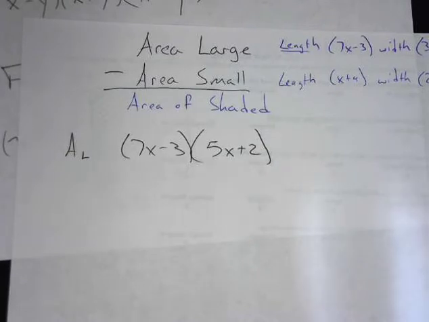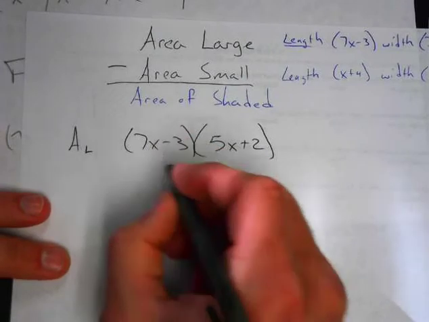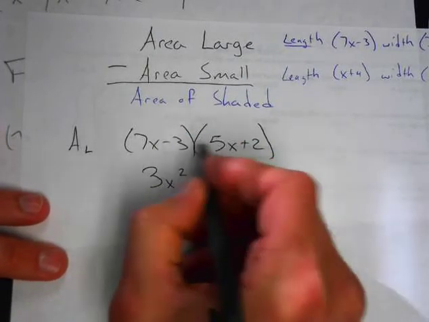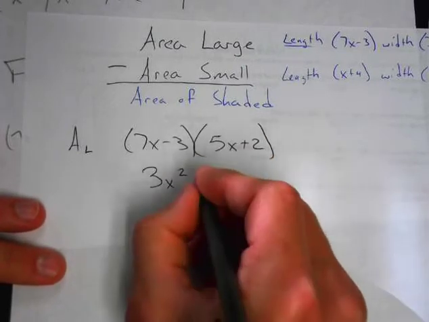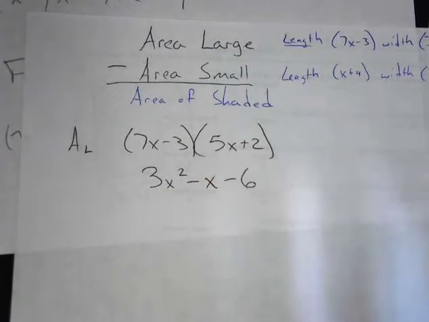And so I'm going to multiply that out. And so if I multiply this out, again, think aloud. 35x squared plus 14x minus 15x is minus an x, and then minus 6. So the area of the large rectangle is 35x squared minus x minus 6.